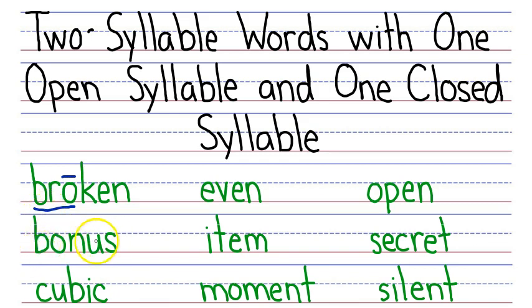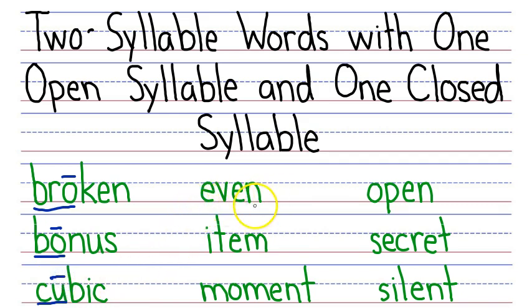In bonus, the open syllable is bo because this syllable ends with a single vowel letter O, which makes a long O sound. In cubic, our open syllable is cu because it ends in a single vowel letter that makes a long vowel sound, the long U sound.